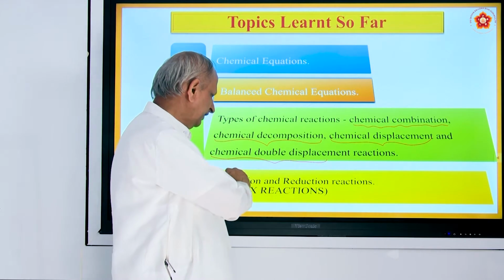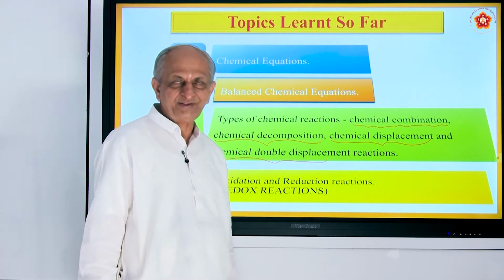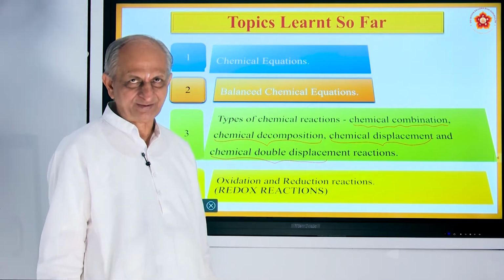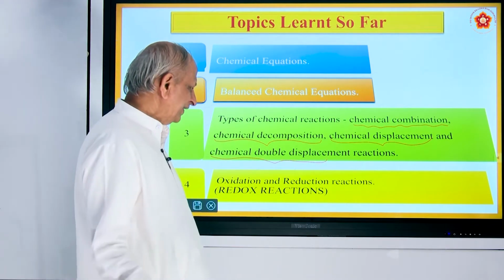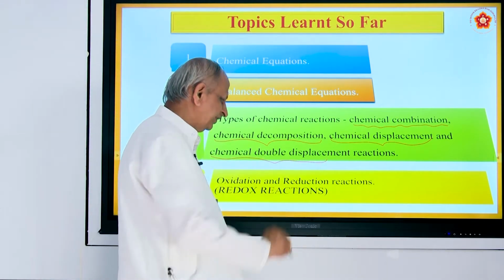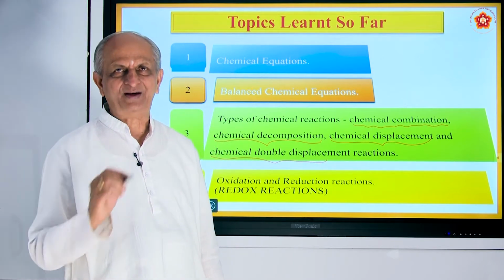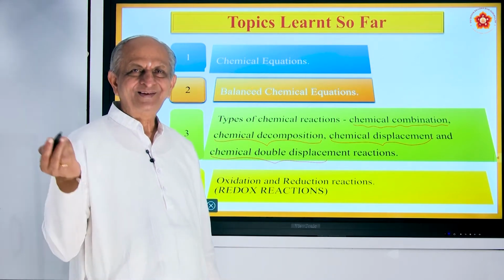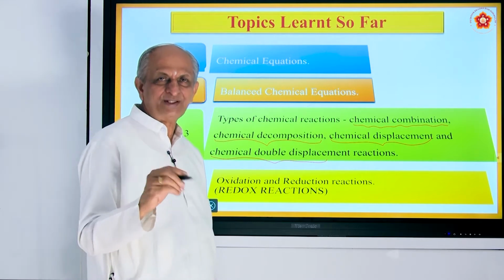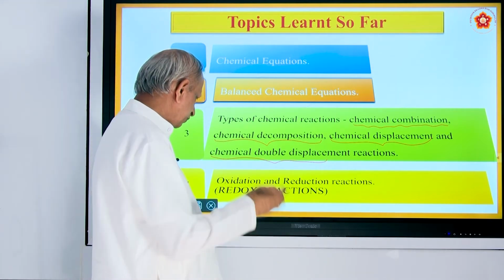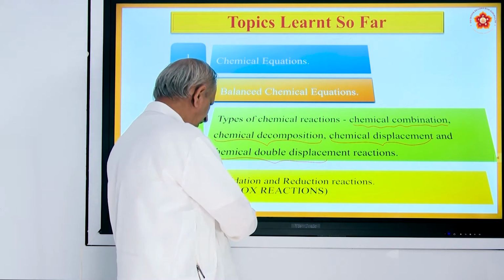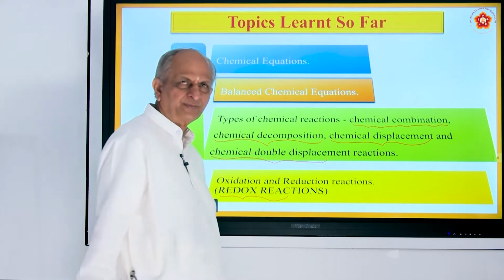And last but not least, about oxidation and reduction. When one substance is oxidized, the other will be reduced, and vice versa. Means what? When one is reduced, the other is oxidized. Together they are called redox reactions.